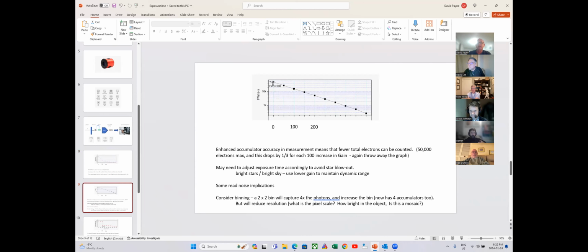Well, what that does for you, this is an exponential decline here, except they've drawn it on a log plot, so it appears as a straight line. What that does is it divides how many electrons your little storage, your accumulator, can keep, is dropped by 1/3.